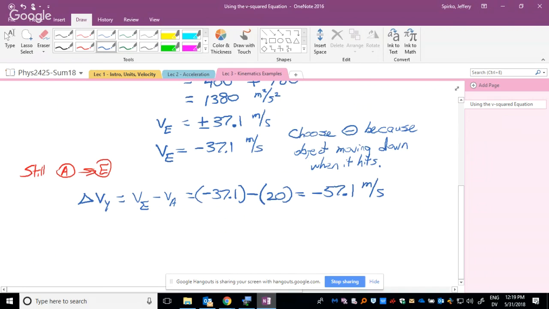So our delta V for this process is negative 57.1 meters per second. We started with positive 20 meters per second, and we're losing 57.1 meters per second, which means now we're definitely in negative territory, negative 37.1.